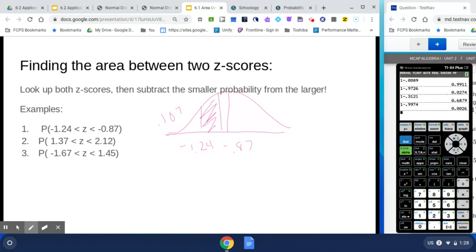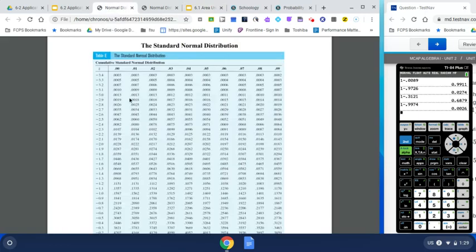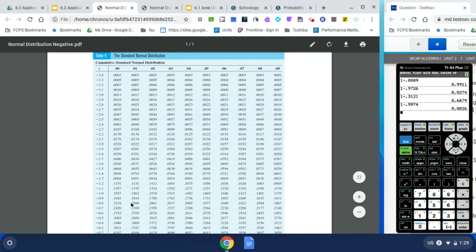That is representing from this negative 1.24 to the left. Now let's go ahead and look up the negative 0.87. Negative 0.87, I see a probability of 0.1922.